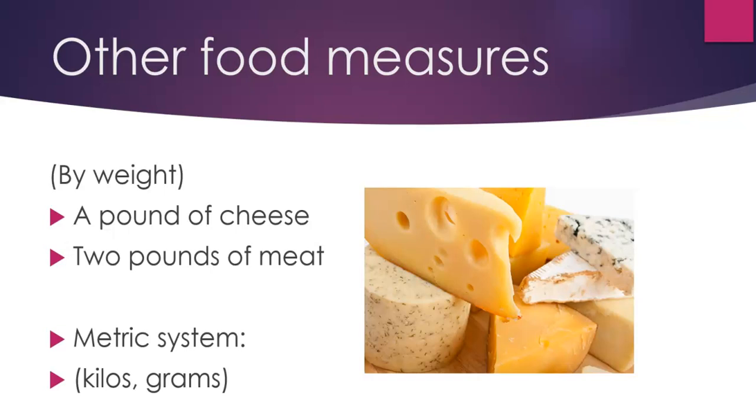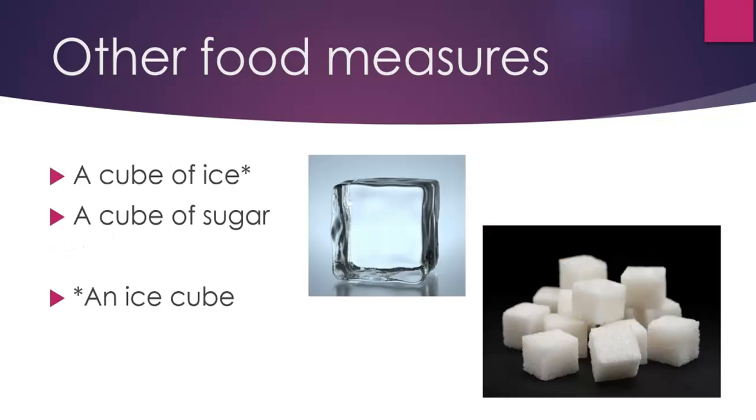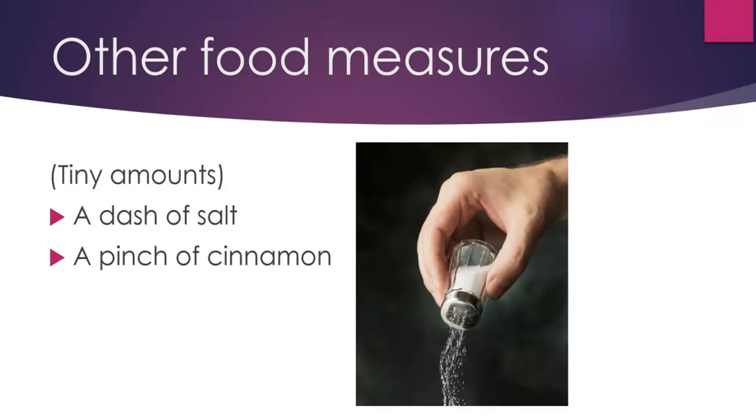In the metric system, they use kilos and grams. A cube of ice or an ice cube, a cube of sugar. Tiny amounts, a dash of salt, a pinch of cinnamon.